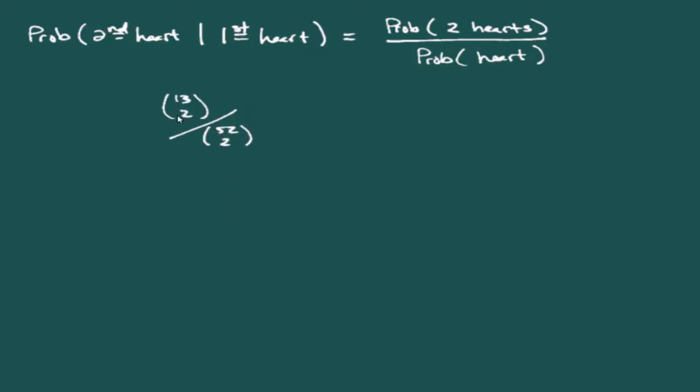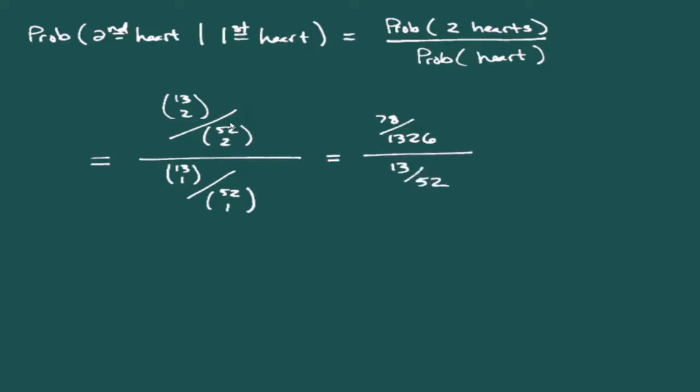Now the 13 choose 2, how many ways can we choose 2 cards from the 13 hearts that we have? The 52 choose 2 is just how many ways can we choose 2 cards from 52. For the denominator, what's the probability of drawing a heart? Well, 13 choose 1 divided by 52 choose 1, or just 13/52.